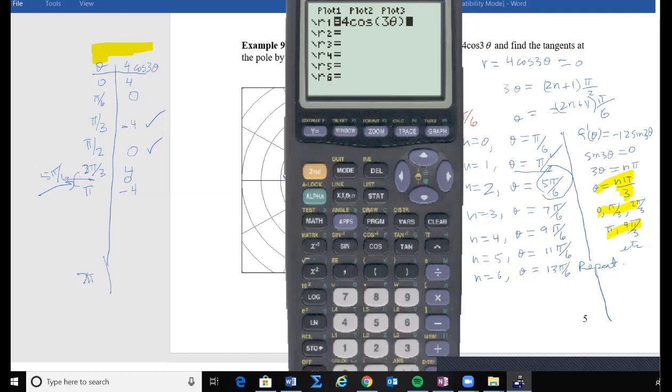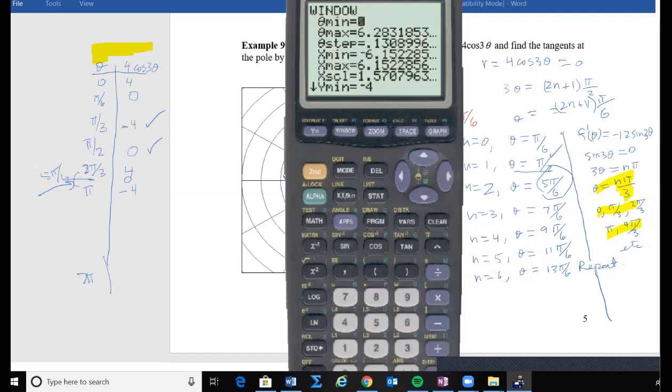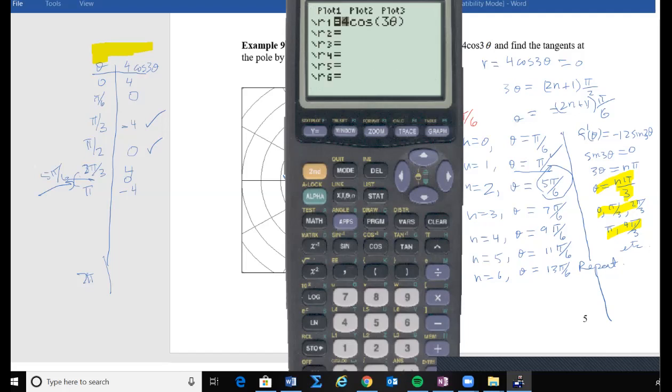And I'm going to use my window from 0. We saw that the whole thing completed itself in pi units, so we're going to do that. We're going to slow it down a little bit by inserting a 0 in here. And we're going to show a different style of graph.